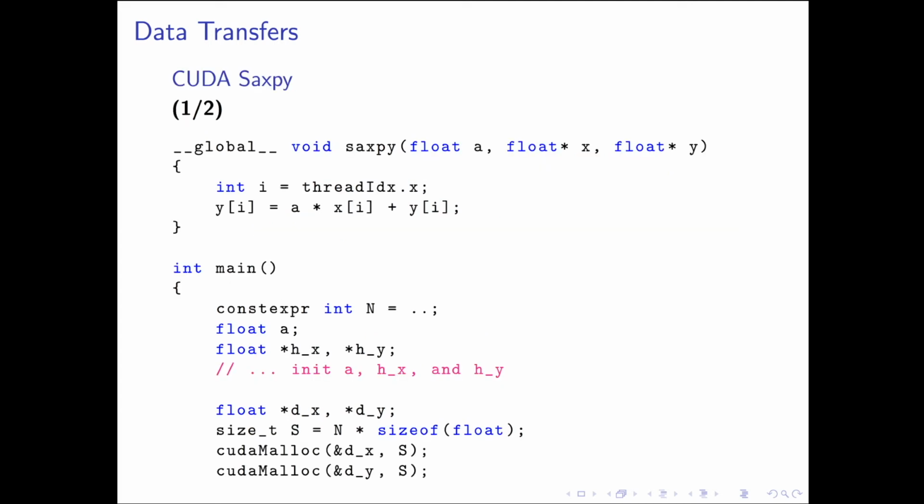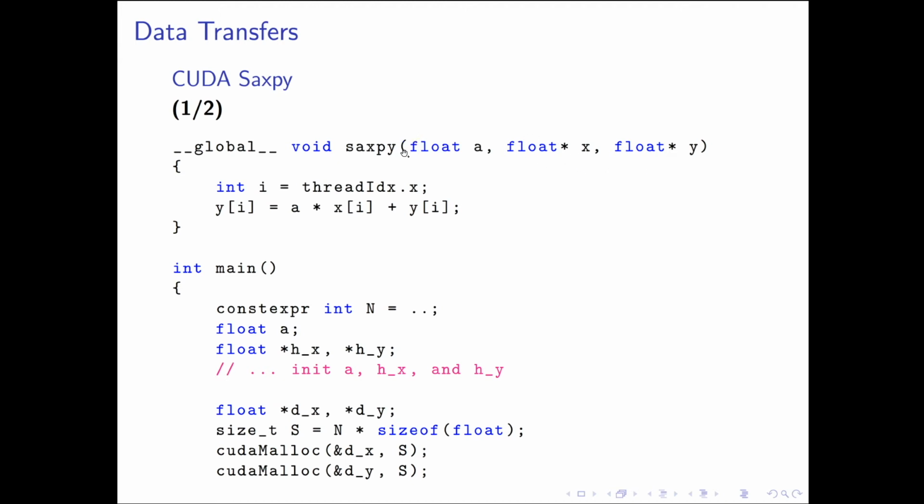So let us just have a quick look at an example so that you get an idea how this would actually be used in a bit more real-world code. And for that, we'll again use our ZaxP example. In the ZaxP example, we have this kernel here indicated by the global function. And the kernel takes 3 parameters, one scalar parameter and 2 pointers.